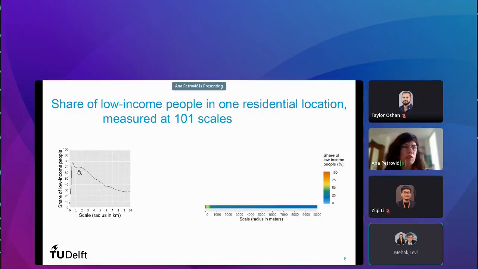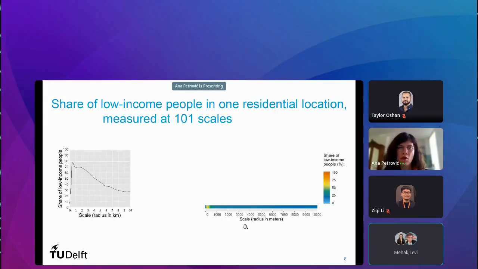We see it here represented as a line where we have the scale on the horizontal axis and the share of low-income people on the vertical axis. And then the same measure of one specific neighborhood on the right side is represented using color, because we want to focus here only on the scale.